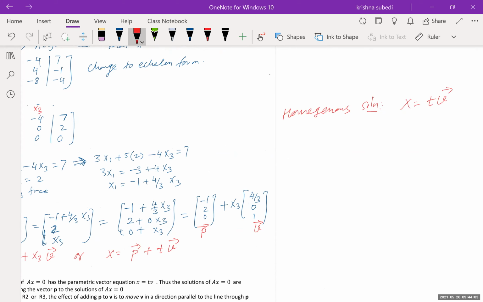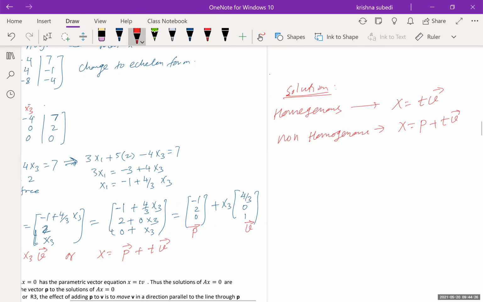And for non-homogeneous, what we got is x equals P plus tV. P is a vector, which is -2, -1, 2, 0.